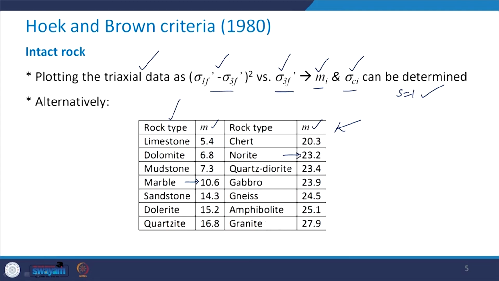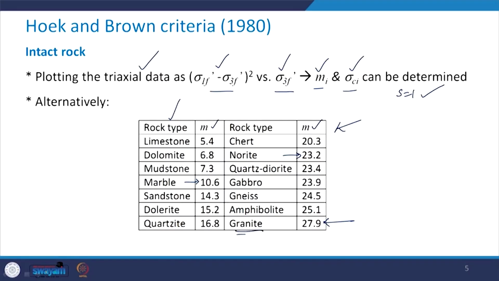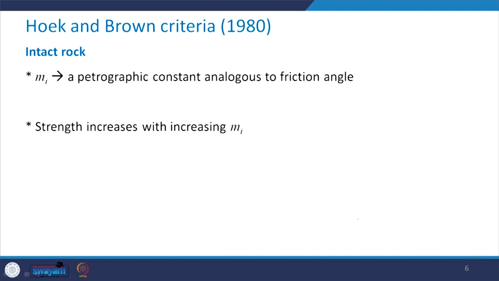As the quality of the rock gets better, it corresponds to a larger value of m. You can see here that granite has a large value of m, 27.9. So, basically this mi is a petrographic constant which is analogous to the friction angle, and the strength increases with increasing values of mi.